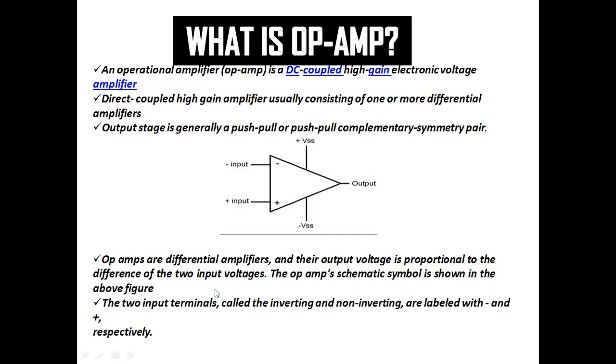If you see here, we are giving two input terminals. One is the negative terminal, one is the positive terminal. Between these two, we can call the negative input terminal the inverting input terminal, and the positive input terminal the non-inverting input terminal.